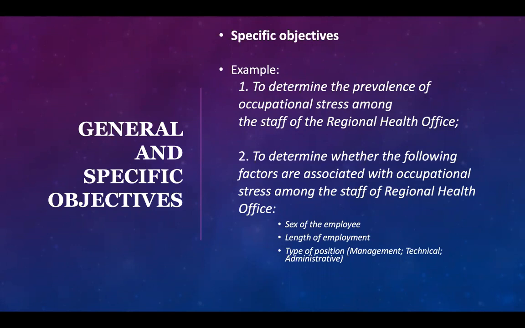And number two, to determine whether the following factors are associated with the occupational stress among the staff of the regional office, like the sex of the employee, length of employment, type of position, like management level, technical level, or admin level.